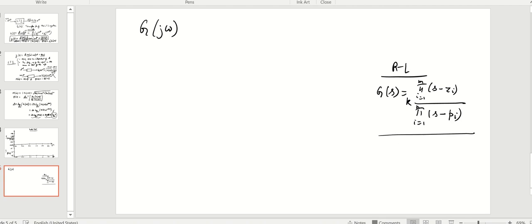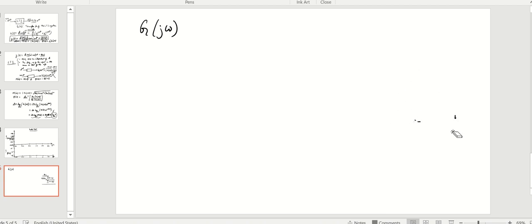So every method that you use has a particular standard form. Now that we are dealing with Bode plots, the moment you're given a transfer function, you have to cast it in a particular form. And what is that form? That's what we shall now see.